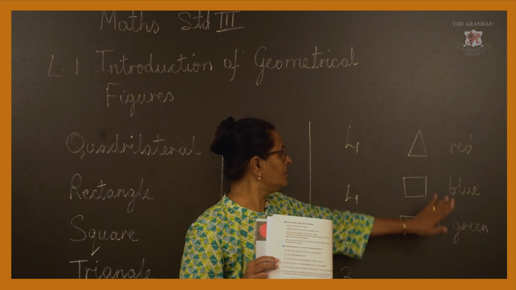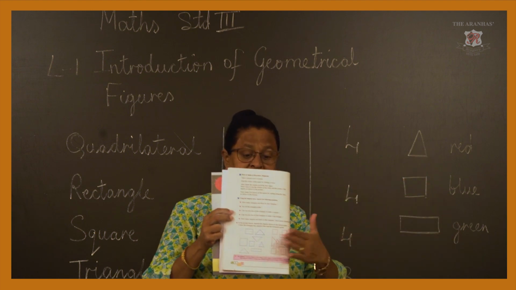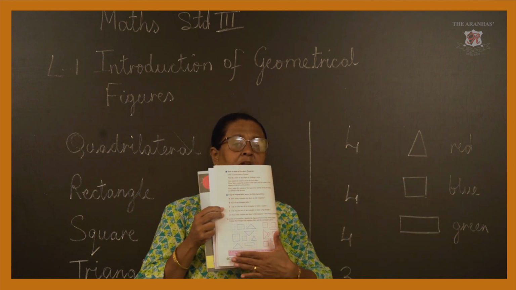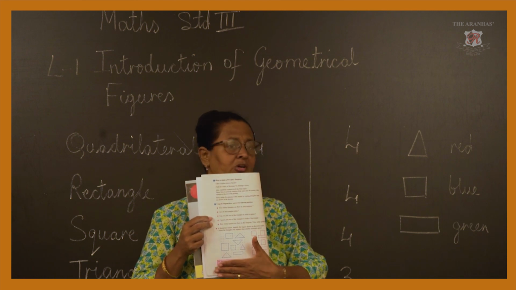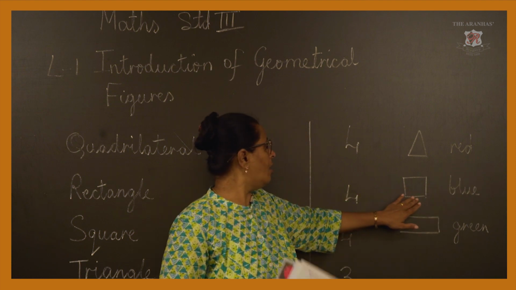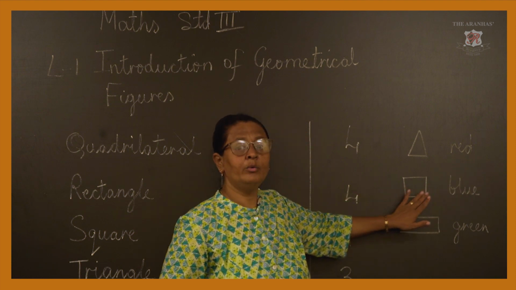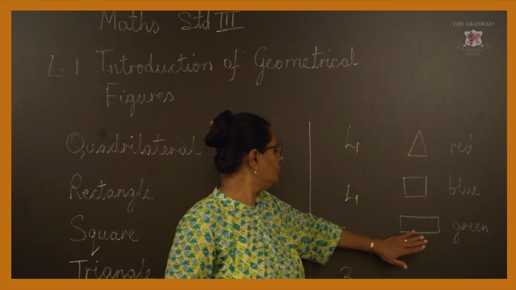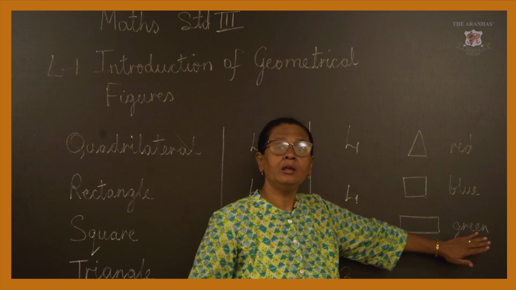Have you understood? So in this particular picture your triangle will be red, your square will be blue, your rectangle will be green.